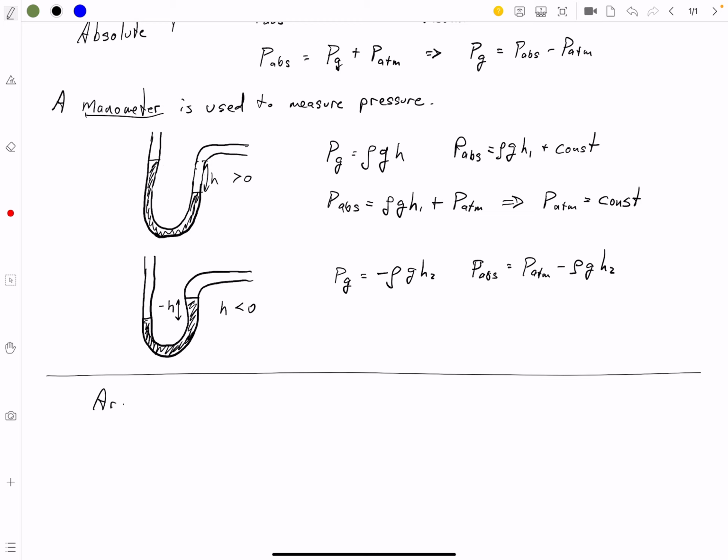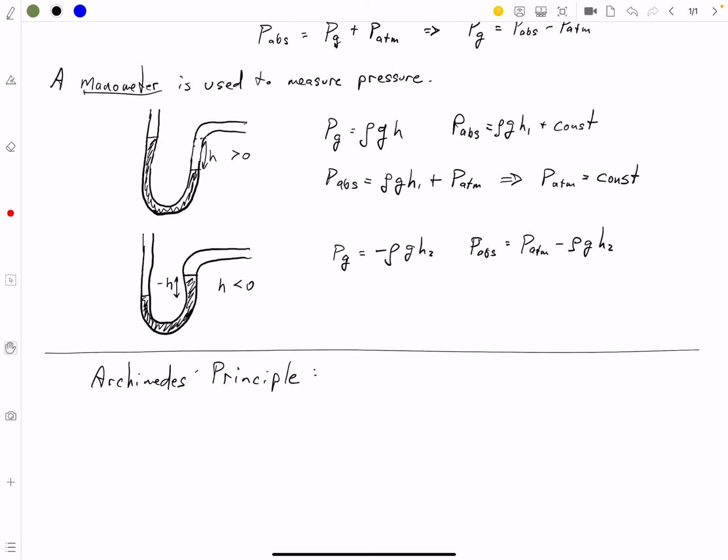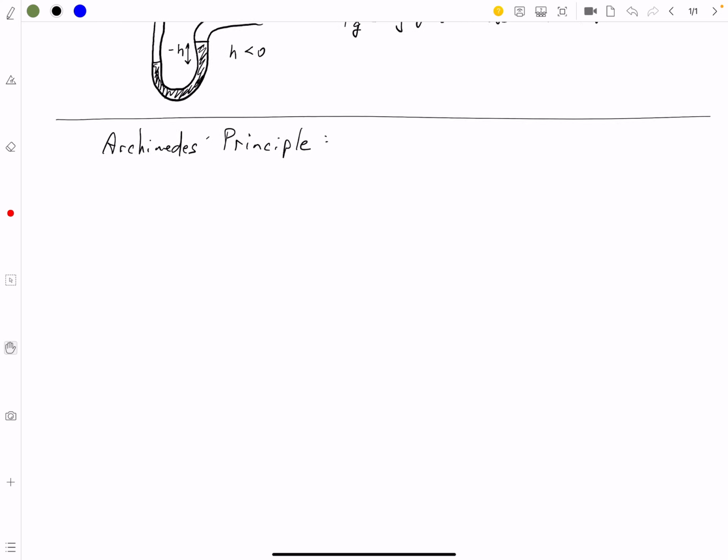Good. So Archimedes' principle. Archimedes, famous for Eureka. I have found it in the bathtub. Oh, that guy. Okay, he came up with this apparently in the bathtub because he got into the bathtub and the water rose a certain amount.